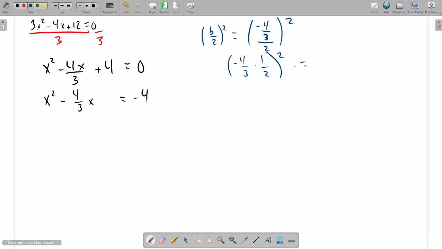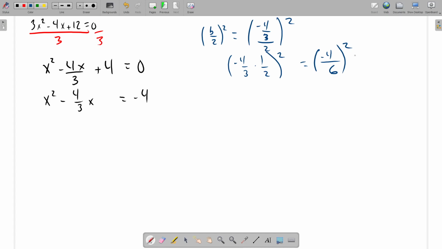Multiplying fractions is easy. We just multiply straight across the top, straight across the bottom. So multiplying the numerators, we get negative 4, and the denominators, we get positive 6. And before I even square this, I hope that we can identify that this can be simplified, and by simplifying it now, we're going to make our numbers smaller and easier to work with for the rest of the problem.